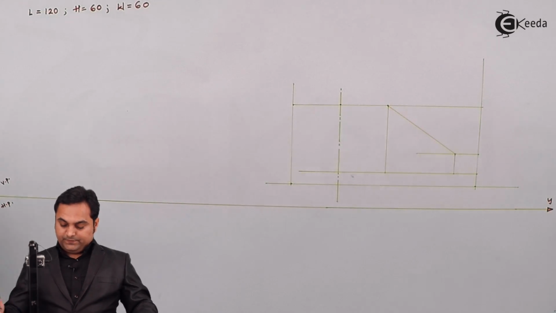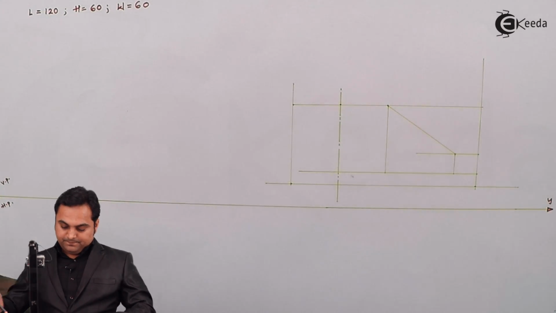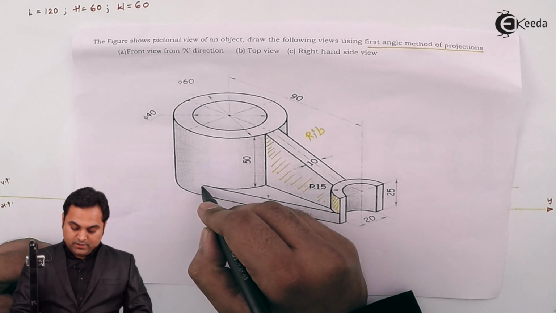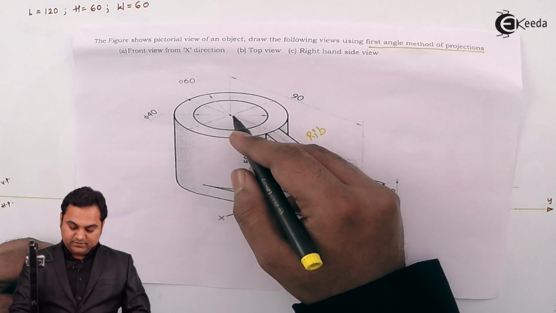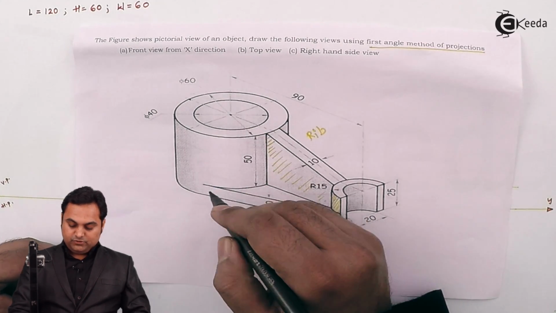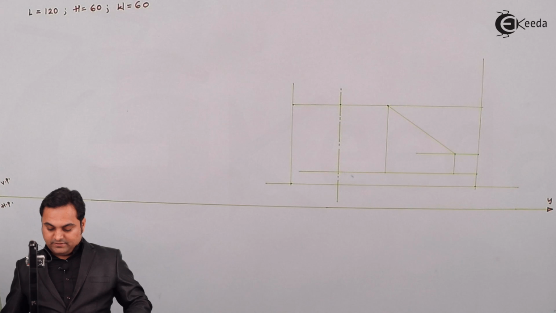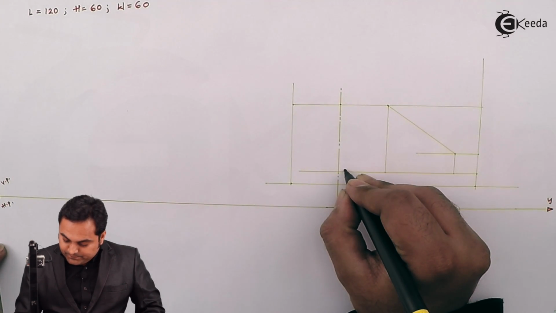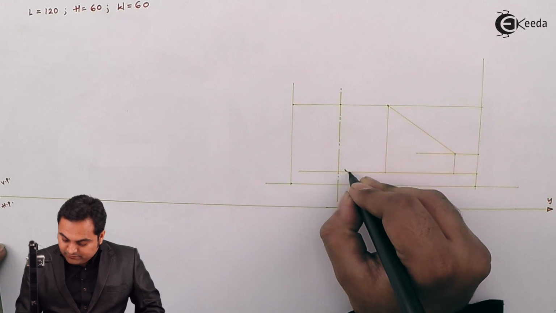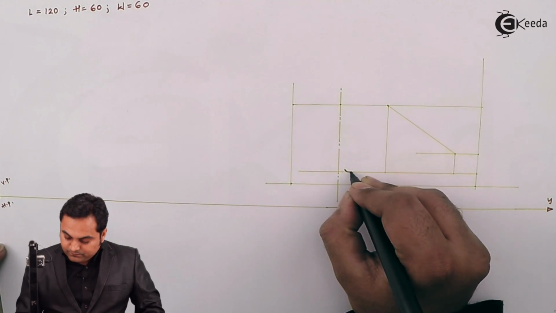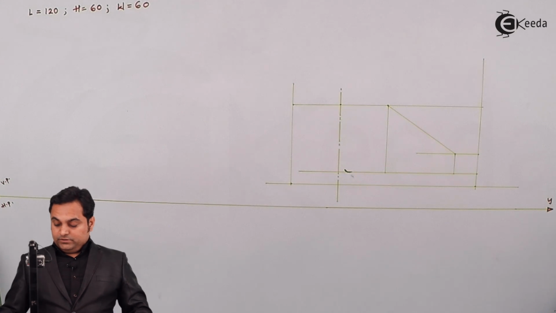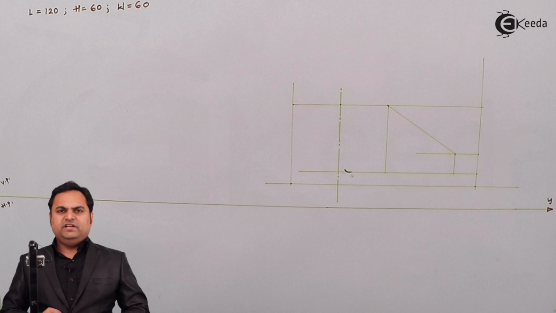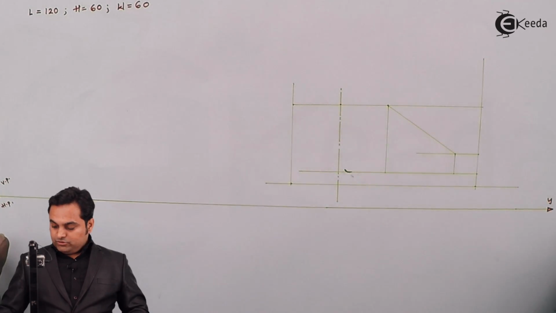Next, since this plate which is of 10 mm height is being extended, I'll say it is extended just here, just below the center, and that can be shown with the help of a light curve which I am drawing freehand. So this will be the plate. Then after completing it up till here, this is the visible portion which we are seeing along x direction. So I have to make it dark.